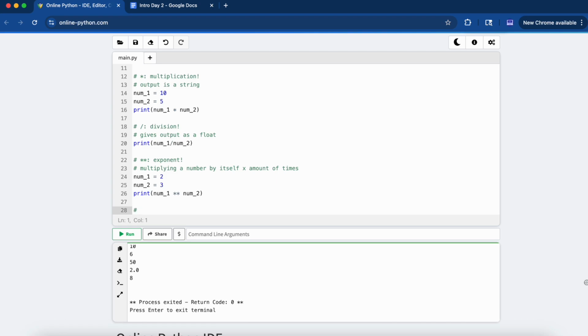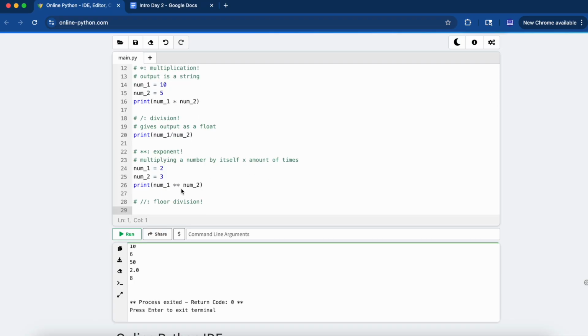Next up is something called floor division. Now, I'm sure a lot of you guys haven't heard of this one. I didn't hear about this until I started learning Python. But basically what it does is it does a division problem, but gives you an integer.